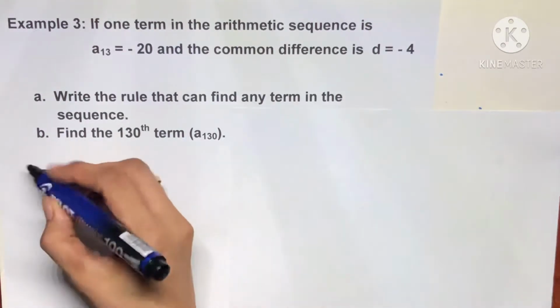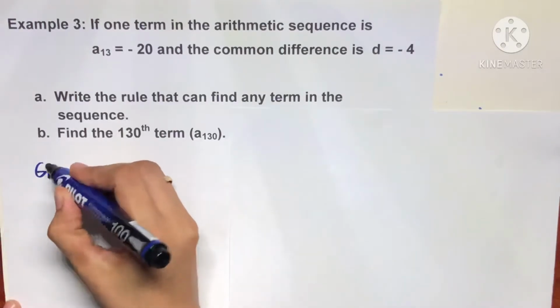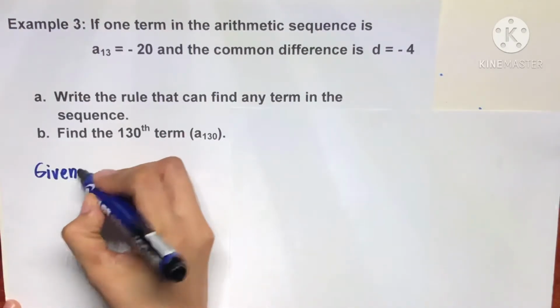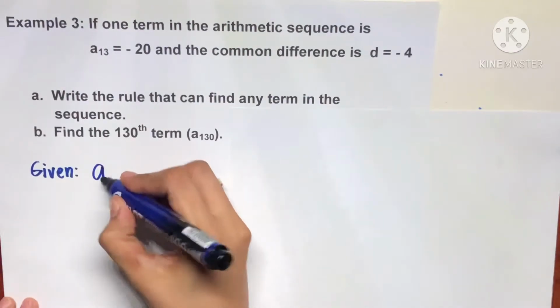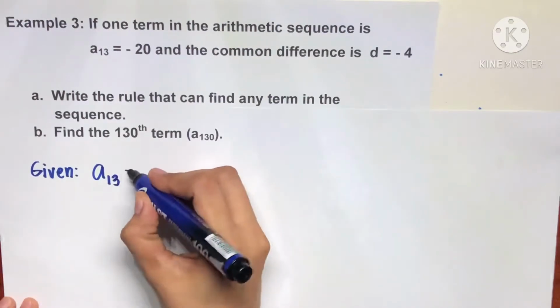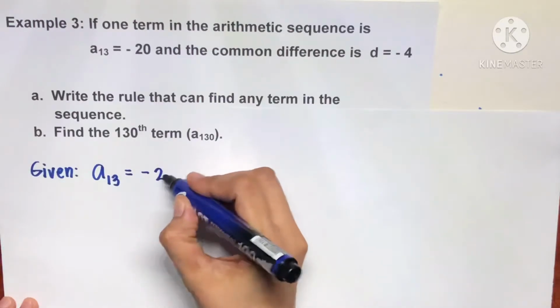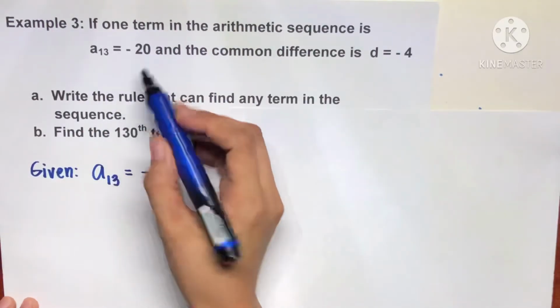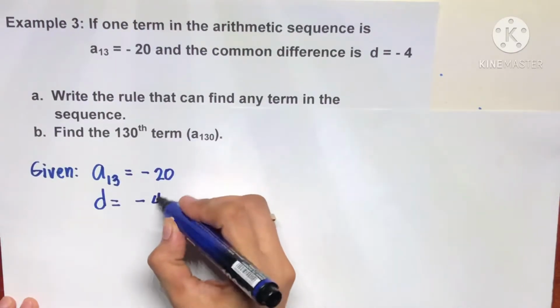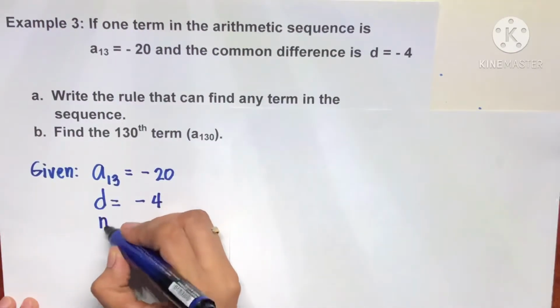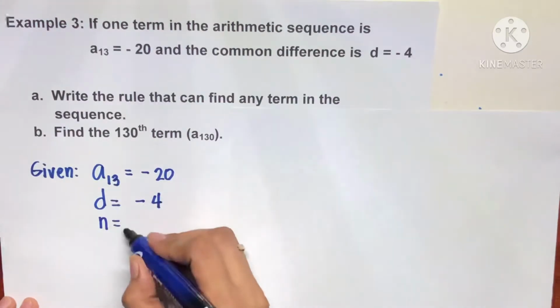So we will identify first the given. Our a sub 13 is equal to negative 20. Our d, or common difference, is negative 4. So our n here is 13.